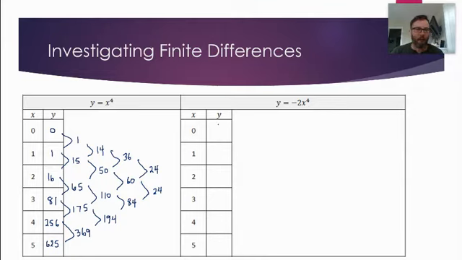So we're going to take all our values from before and multiply them by negative 2. So 0, negative 2, negative 32, negative 162, negative 512, and negative 1,250. Let's find the first differences.